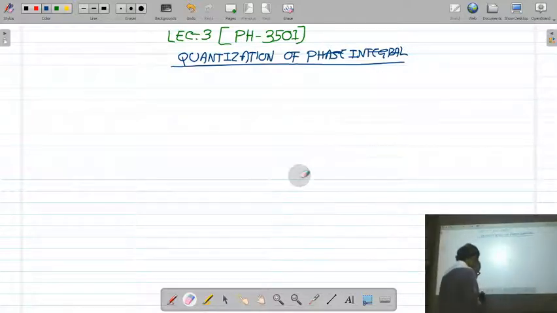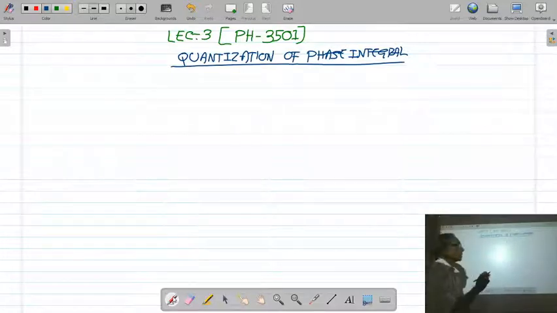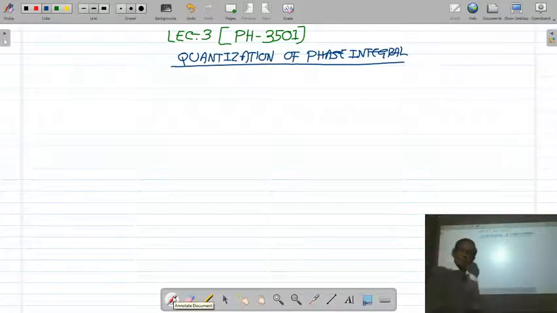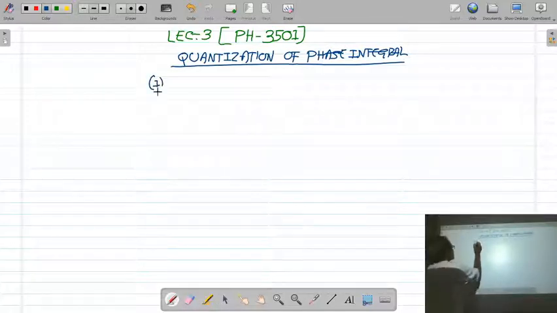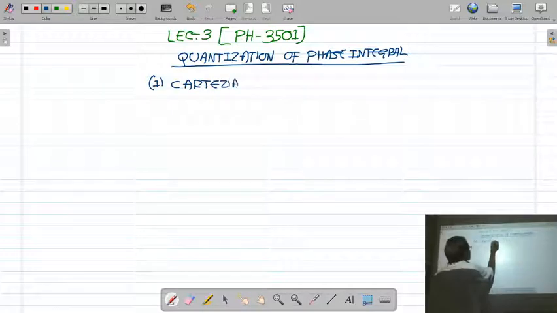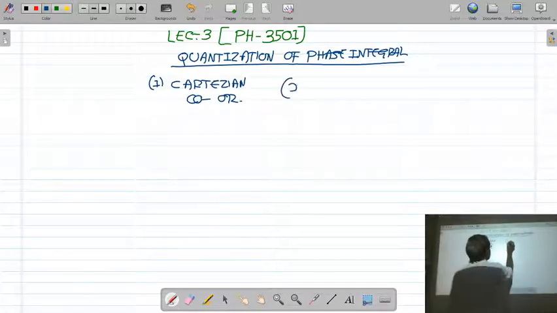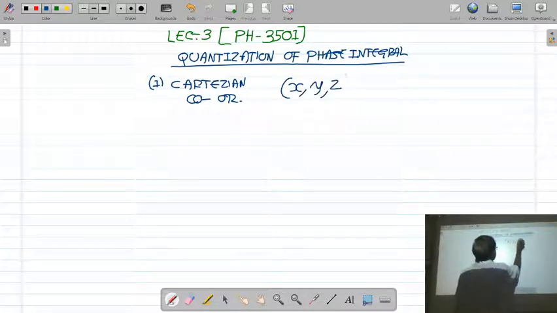Today we are going to define the phase integral. You are familiar with different coordinate systems. In the Cartesian coordinate system, we take the coordinates of the particle as x, y, z.